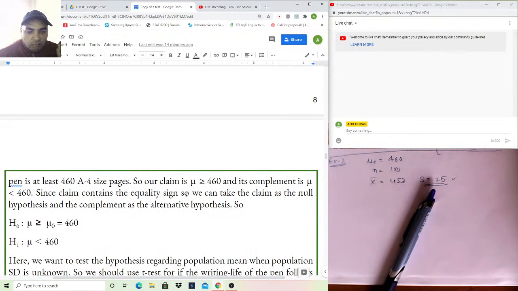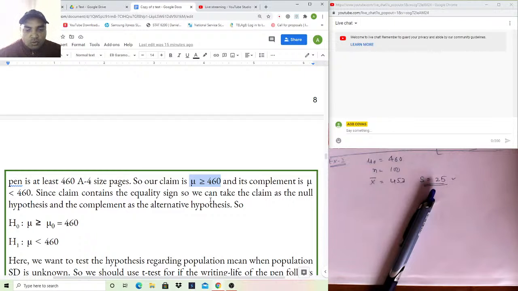If it is at least 460, then our sample mean should either be equal to 460 or greater than 460. And what will be its complement? It will be less than 460. When a manufacturer is claiming, we do not want a lot having a value lesser than the manufacturer's claim, and we should be 99% confident about that.